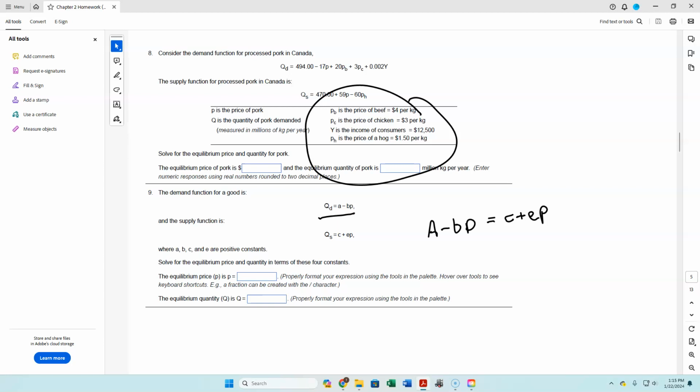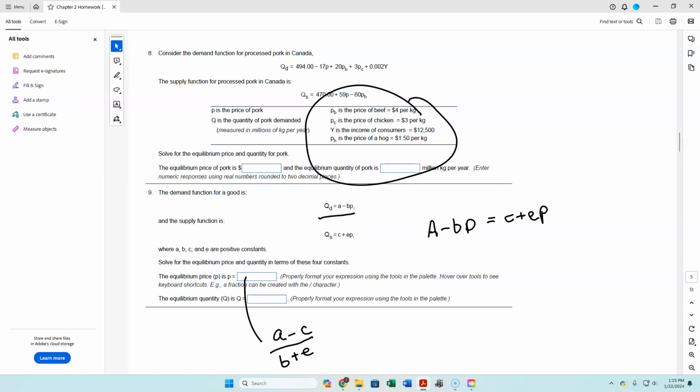So then if you rearrange the terms and solve for P, the equilibrium price, which is what you're solving for here, would simply be, in the numerator, you'd be subtracting your constant terms, and in the denominator, you'd be adding your slope terms. That would get you the equilibrium price.